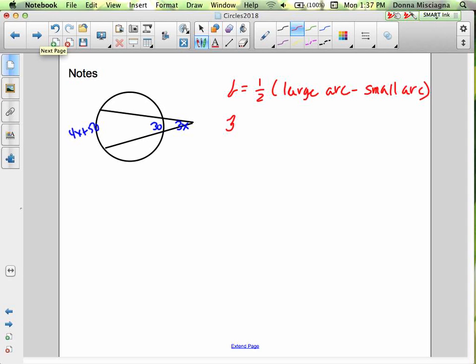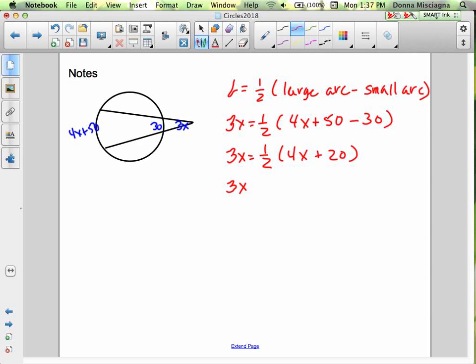Right, so 3x equals 1/2 (4x plus 50 minus 30). We'll simplify. 3x equals 1/2 (4x plus 20). We can just easily distribute that 1/2, so let's do so. 3x equals 2x plus 10. Didn't forget to distribute the half to both of those terms. Subtract 2x from both sides, and x equals 10.